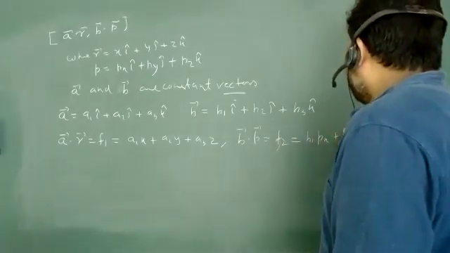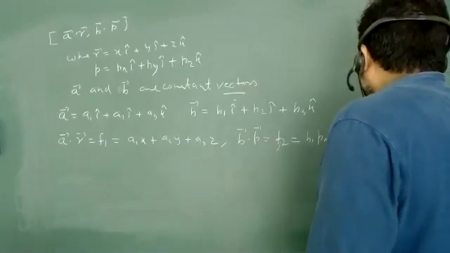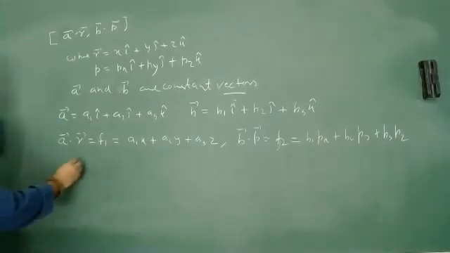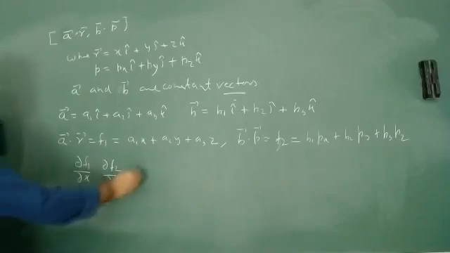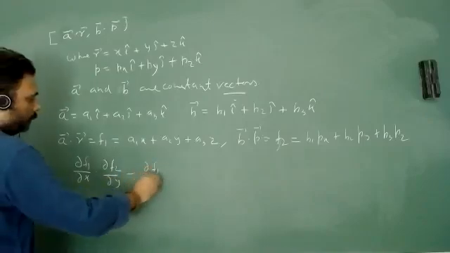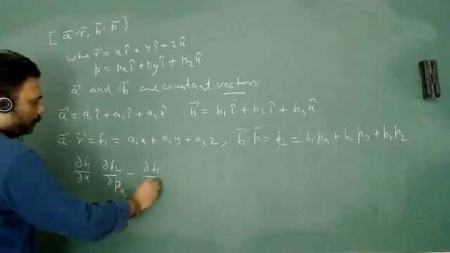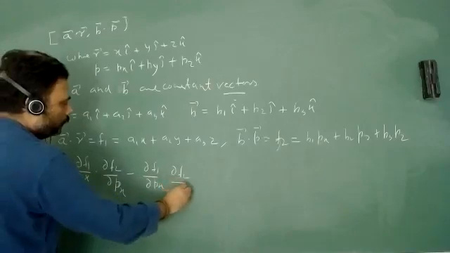B1 px plus B2 py plus B3 pz. Now you can go for opening of this bracket: del f1 upon del x, del f2 upon del px, minus del f1 upon del px, del f2 upon del x.